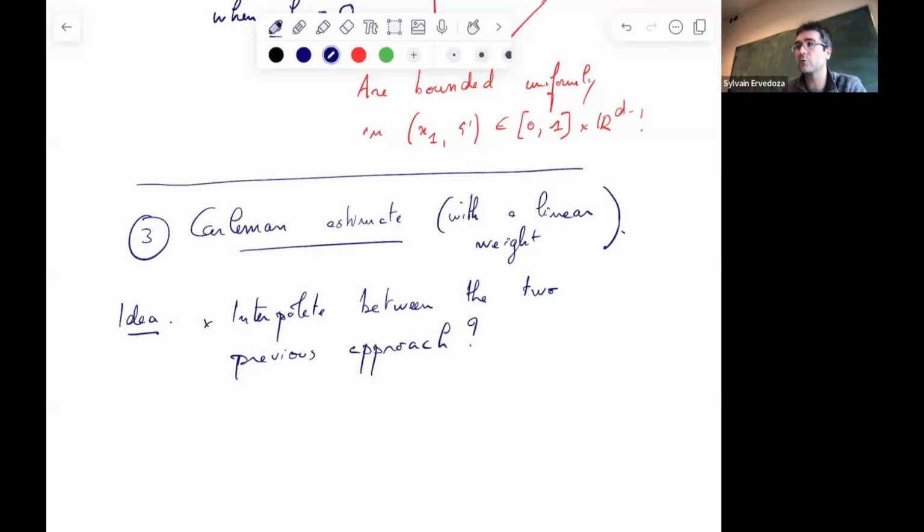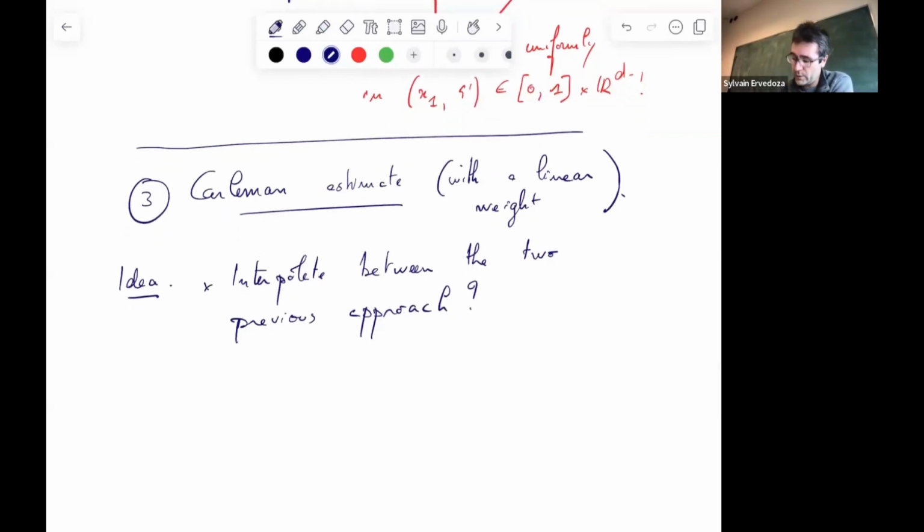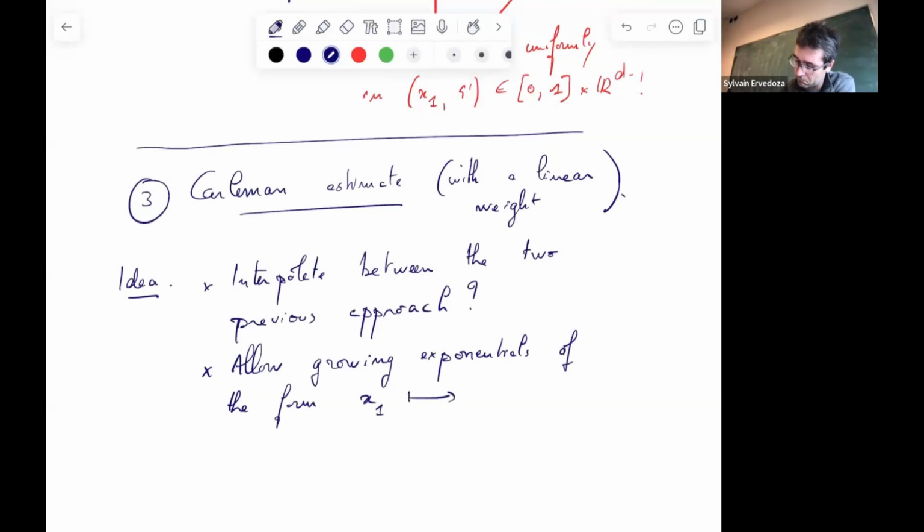And in order to do so, I will allow growing exponentials of the form exponential kx1, for k a free parameter.